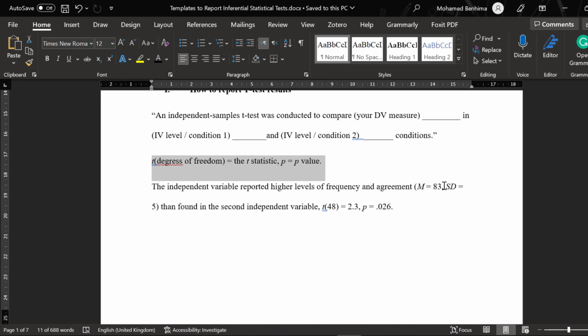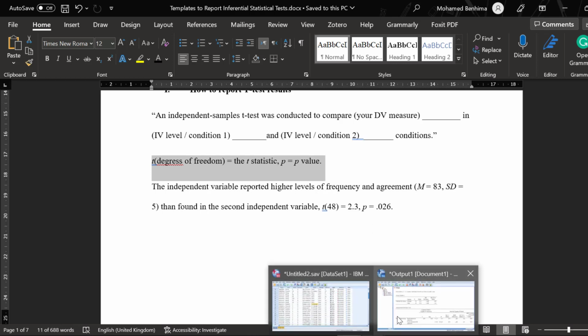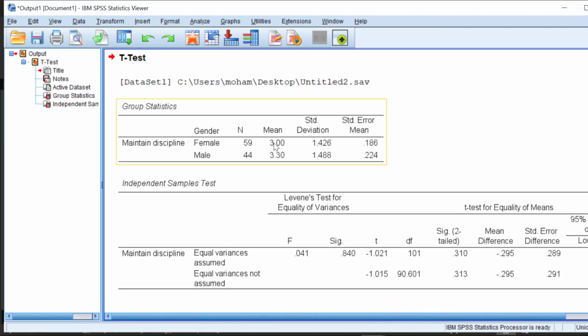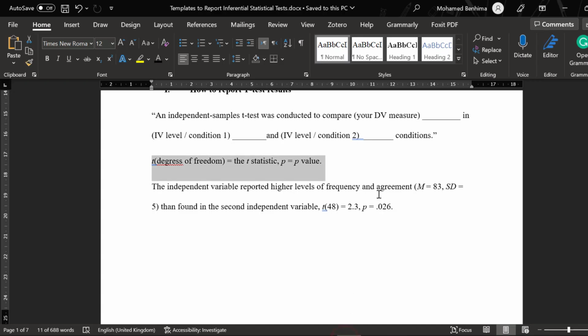And we have this equal sign. And then you go to the table of the descriptives and you put the mean of the female group that equals 3 and the mean of the male group that equals 3.30 along with the standard deviation for each.